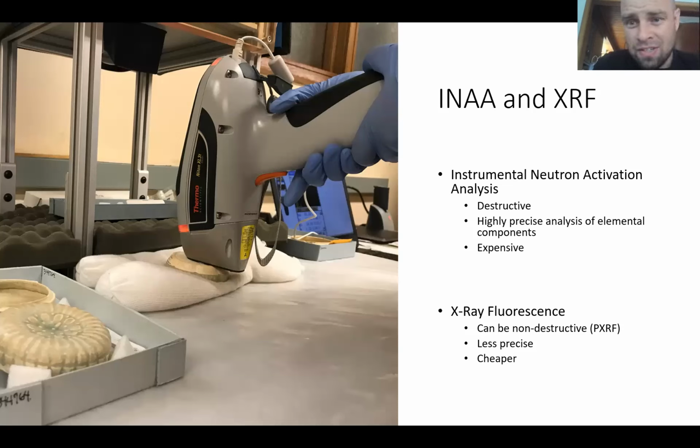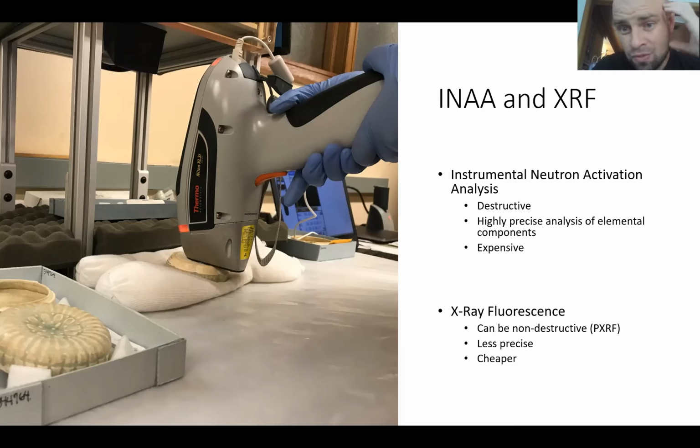One of them is called instrumental neutron activation analysis. This literally uses a nuclear reactor, and it vaporizes a sample of an artifact and uses sensors to measure how much energy is given off and such in order to identify the elemental composition of the item.